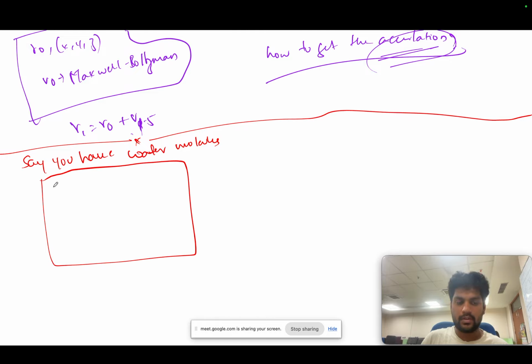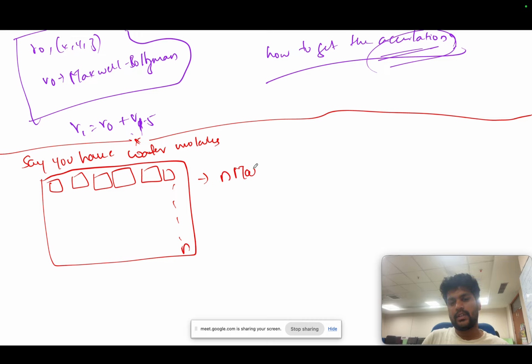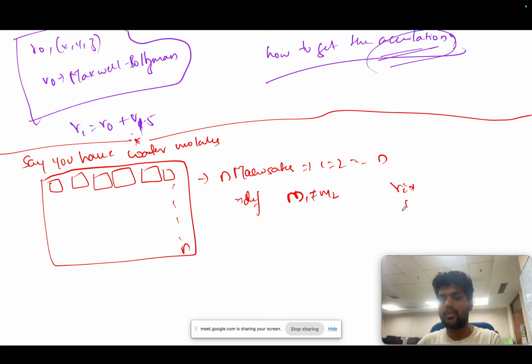We have n number of microstates, up to n. We have n macrostates, and we have different microstates. So microstate m1 is not equal to m2. Why? Because the initial coordinates will be changing. So now we are considering how these coordinates are changing.